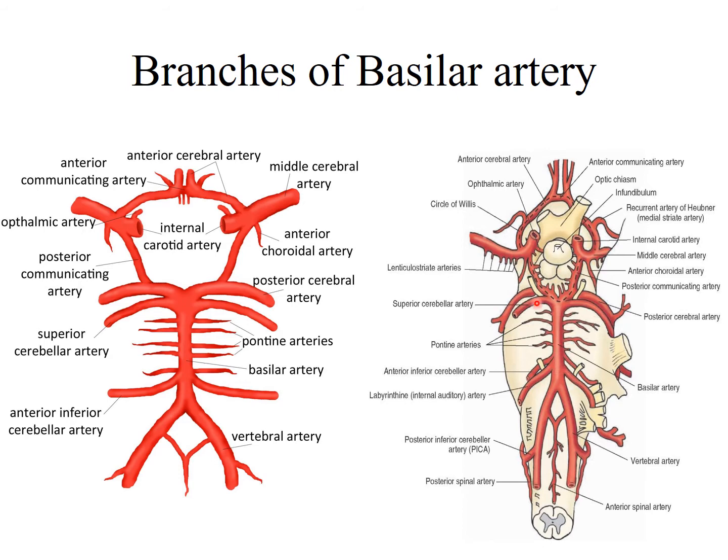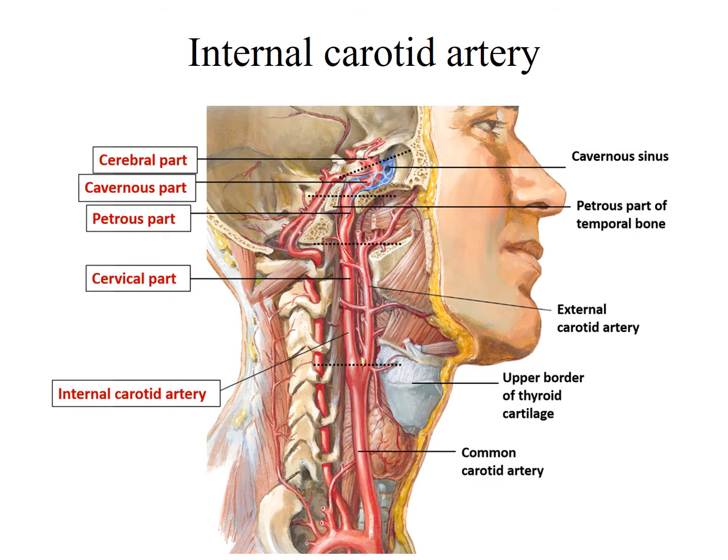So we have completed the vertebral artery and the basilar artery. So we have completed the vertebral system. Now we are moving on to the carotid system, which consists of two internal carotid arteries. Okay. Now we are going to see about the internal carotid artery. So in this picture, you can make out, yes, this is the common carotid artery, which is the branch of the brachiocephalic trunk.